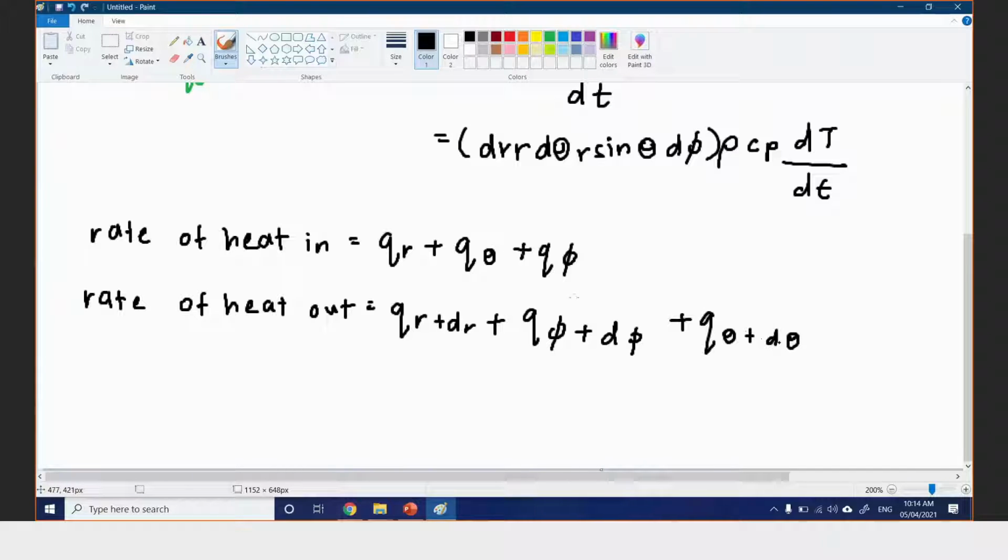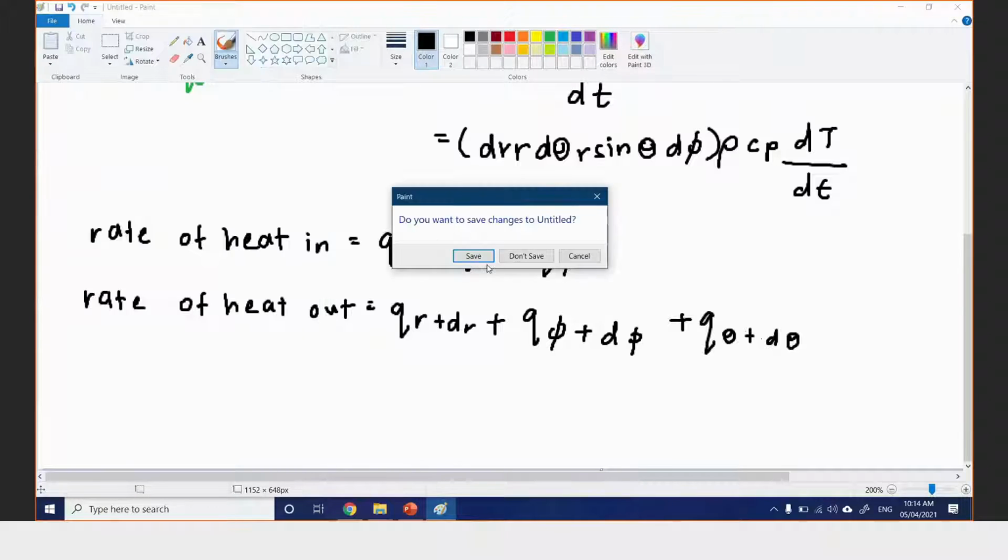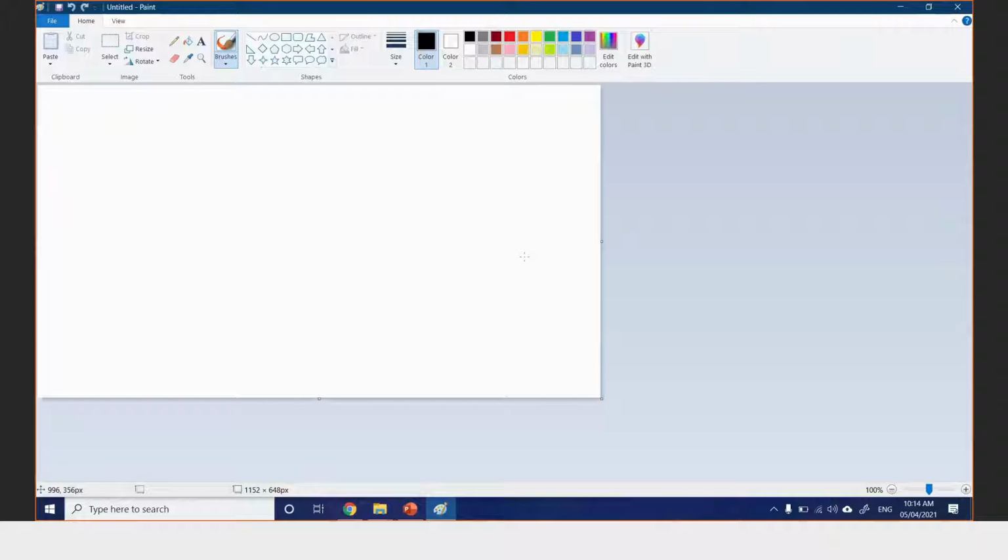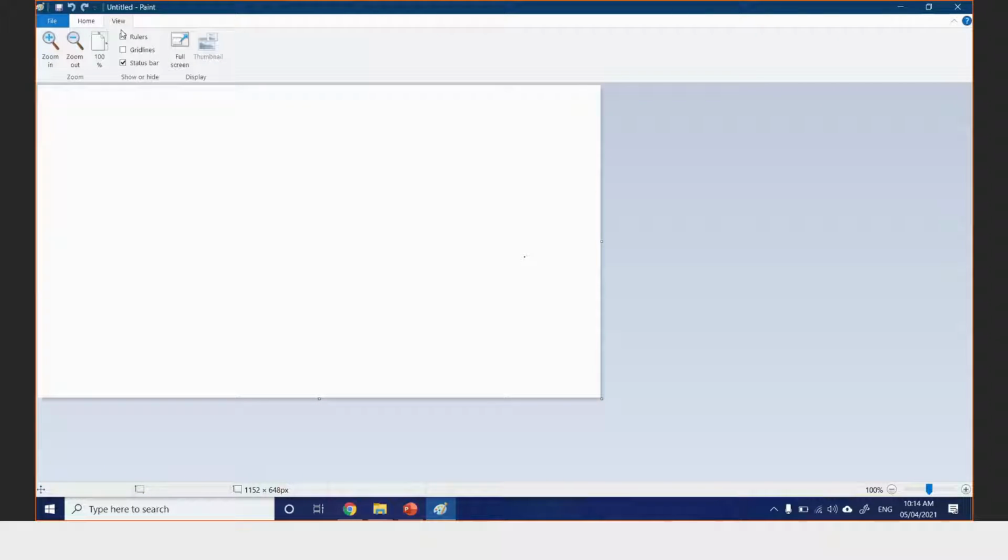Okay, so actually I swapped this a bit here, but it doesn't really matter. You should get the same equation, just maybe a little bit different in the arrangement. So once again, we continue by solving for the rate of heat going out.